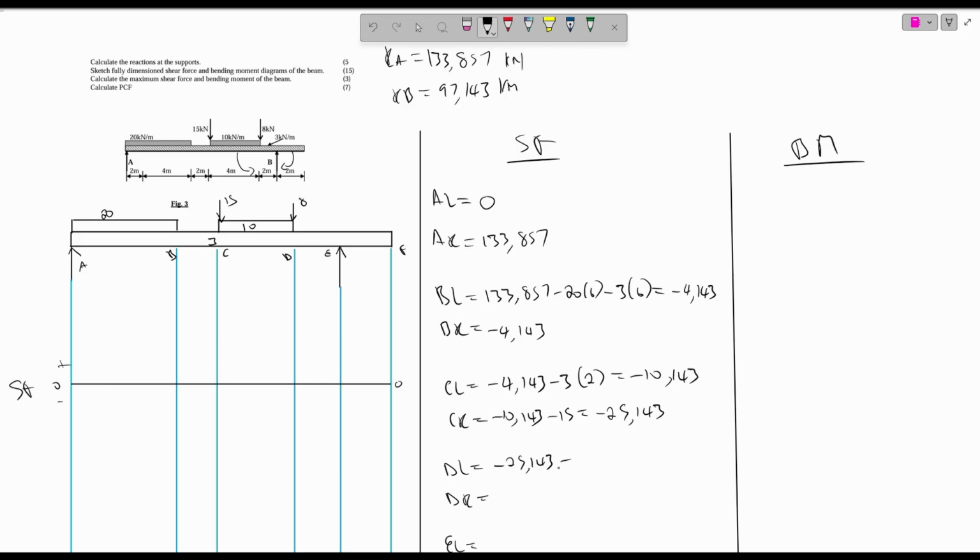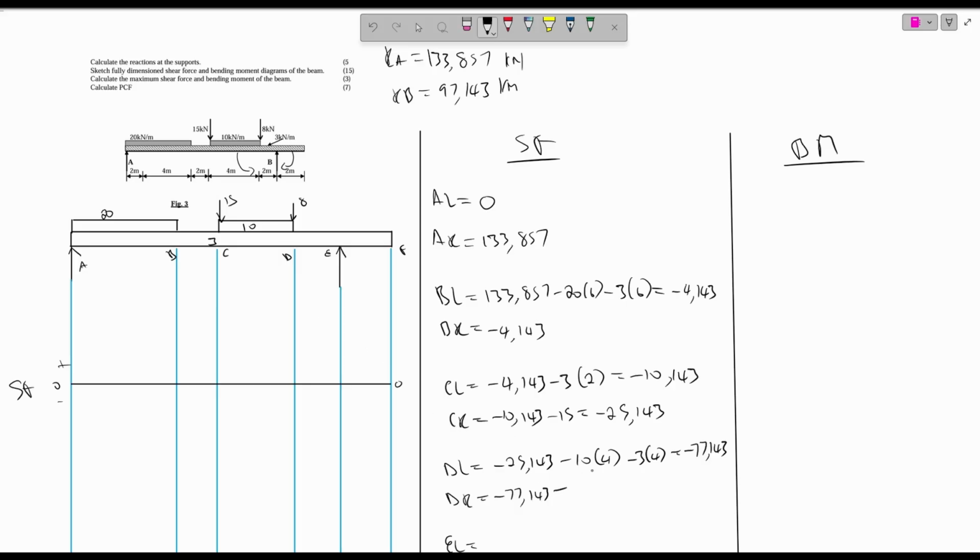Then D left, we have minus 25.143 minus these two UDLs, which is 10 times 4 and 3 times 4, which is minus 77.143.